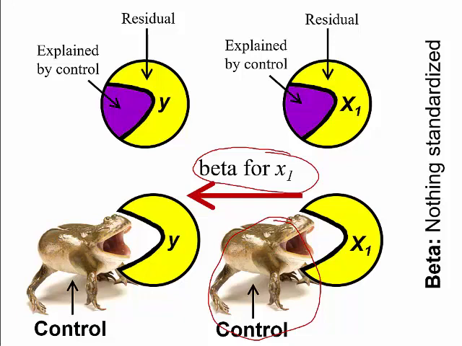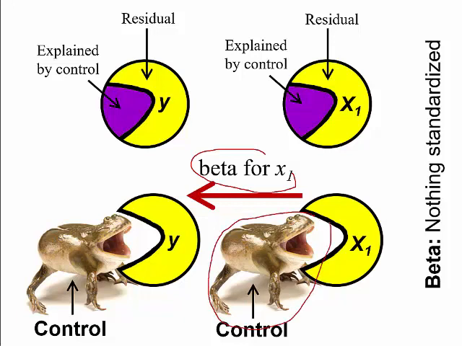The beta for x1 gives me the effect of x1 controlling for x2. The beta for x2 gives me the effect of x2 controlling for x1. So this slide is looking at the beta for x1 controlling for my control variable. I've switched my figures here. In the last section, the vampire bunny was my control variable, and now this big hungry frog is my visual figure for the control variable.